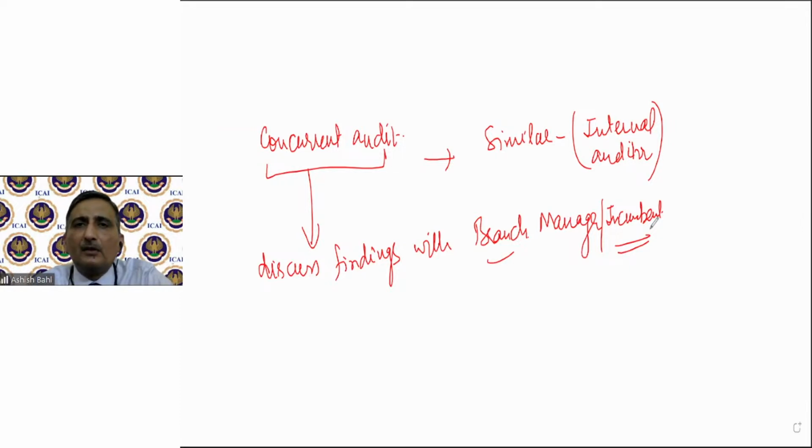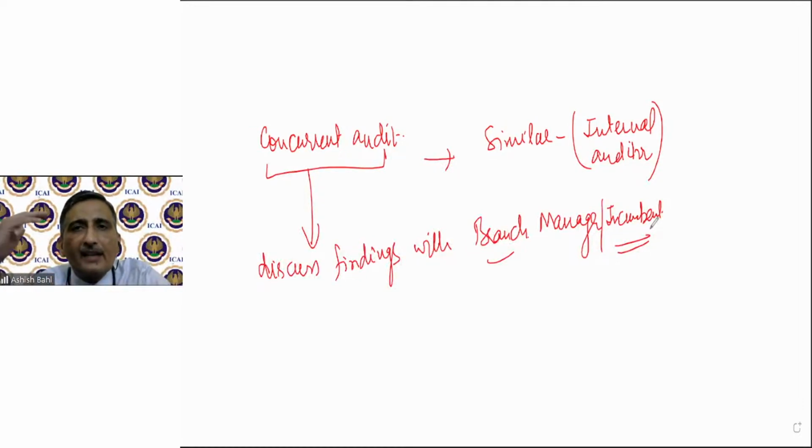These might pertain to general guidelines like risky areas or large advances. Now this is normally left to the discretion of the bank management. But the point is that every bank ought to have a concurrent audit system in the bank as a whole. So there has to be a concurrent audit system.